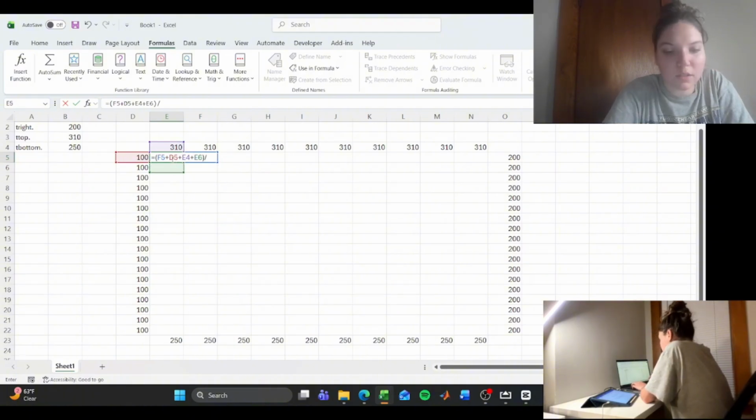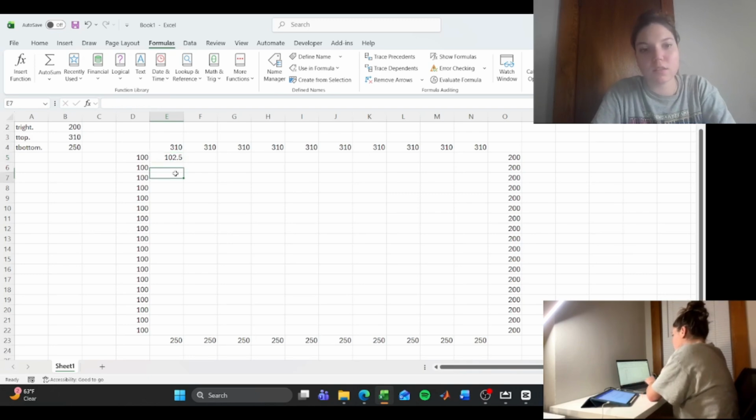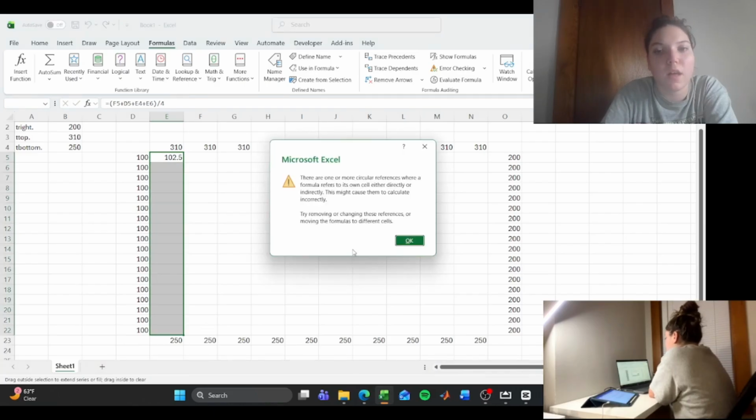And then this whole thing is going to be divided by 4. So this is what we get. And then we just extend this all the way down. And we can't do that, because these numbers are relying on the cells in all 4 directions around it.